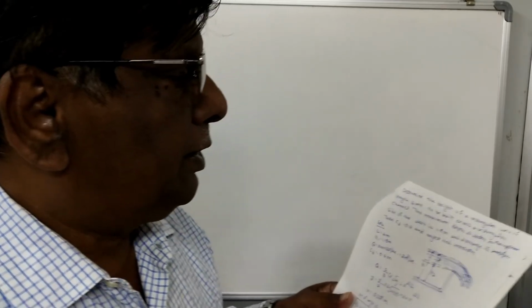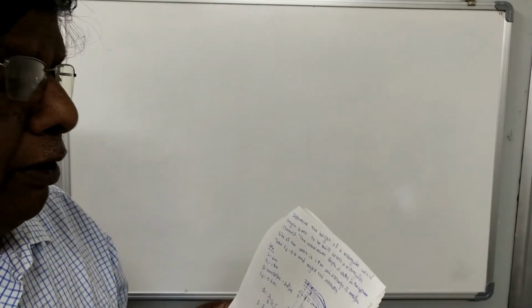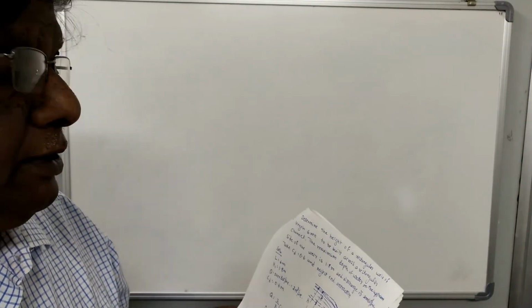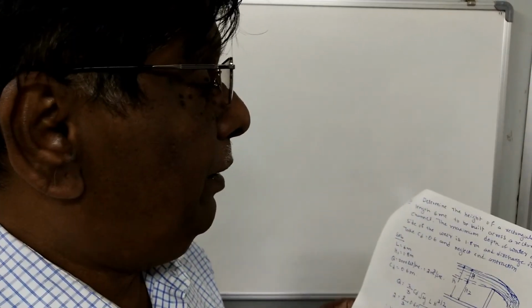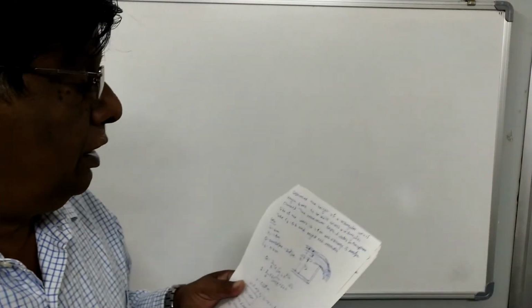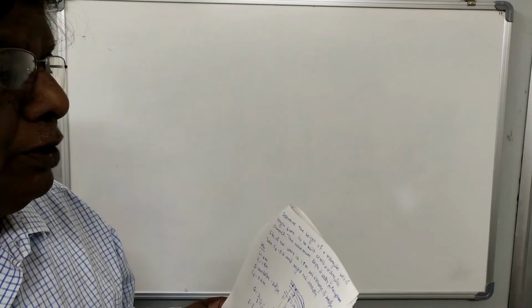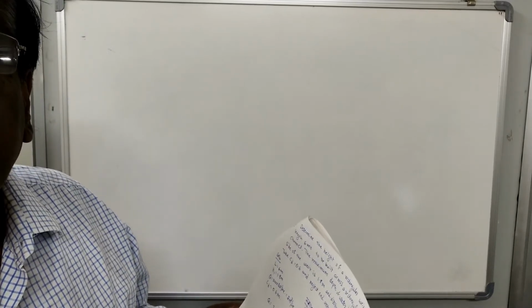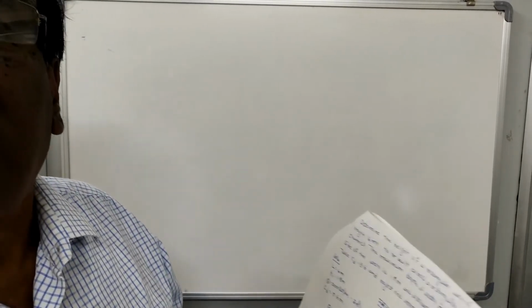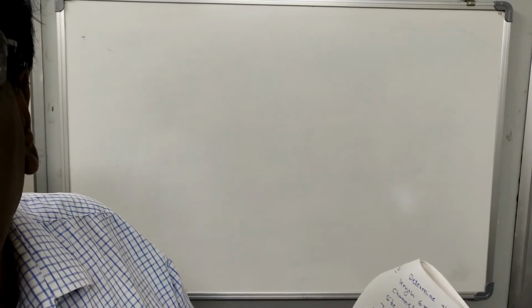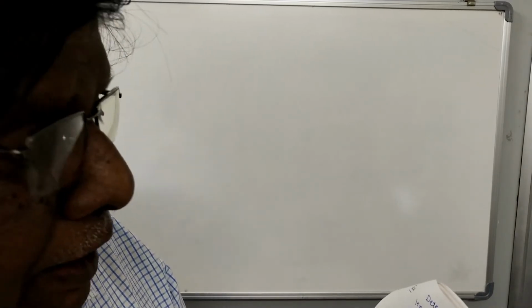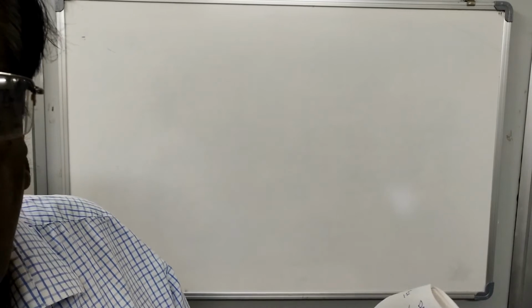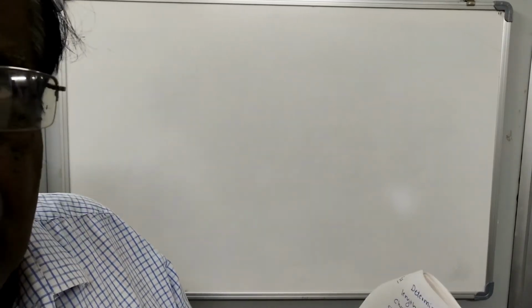Determine the height of a rectangular weir of length 6 meter to be built across a rectangular channel. For the description of the problem, please refer to the uploaded notes. We have already uploaded the notes in PDF format. Now I am only reading the problem.